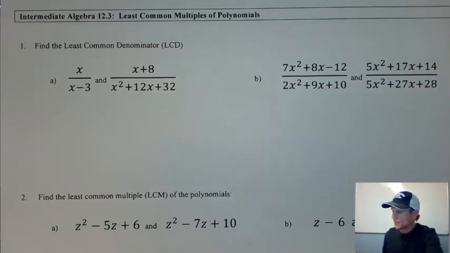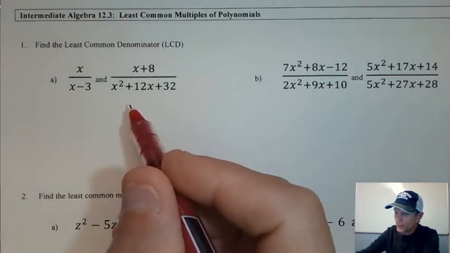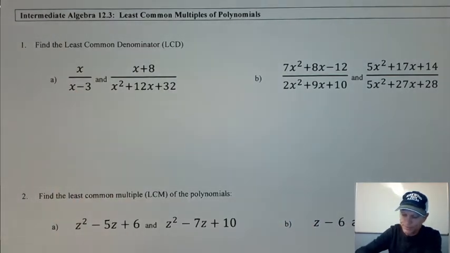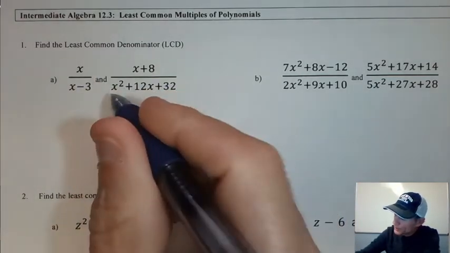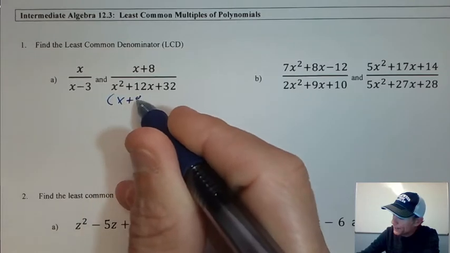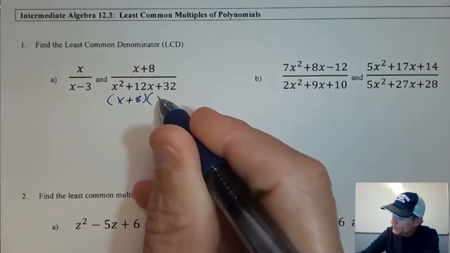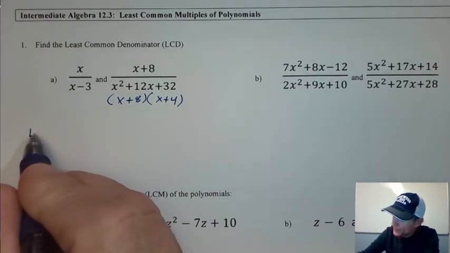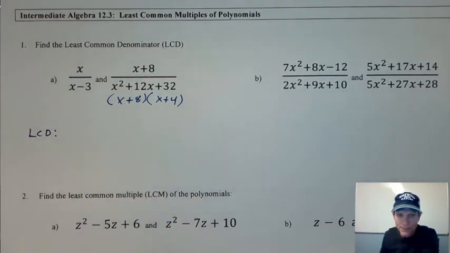And so what you want to think about, and we've been doing this a lot this chapter, is that we have to factor to get started here. And so I'm going to factor this into x plus 8 and x plus 4. And what you want to remember about the LCD here is that all binomials, all monomials need to be represented.